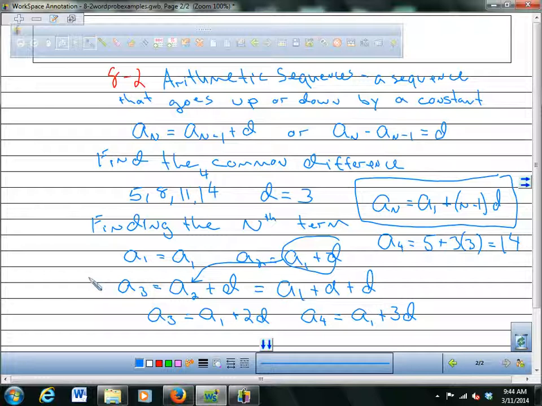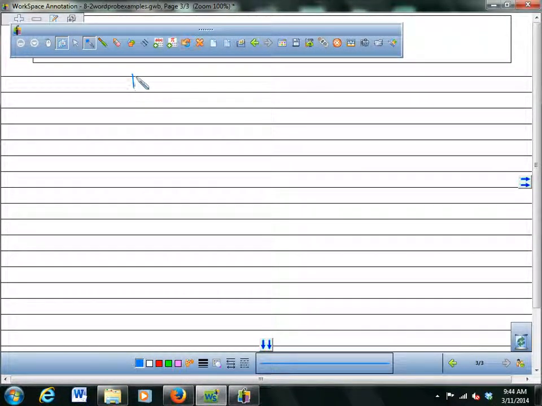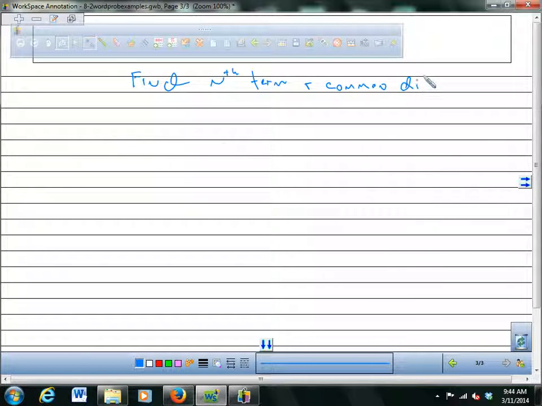So another example. Using this formula, find the nth term with common difference 5 and first term 9.